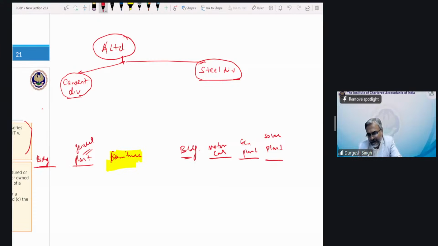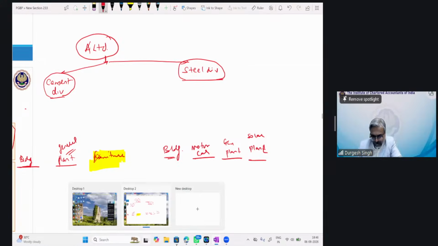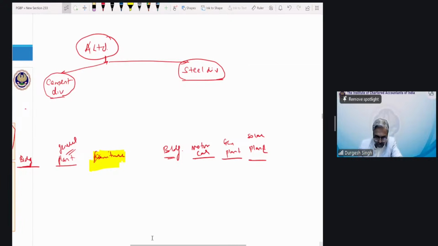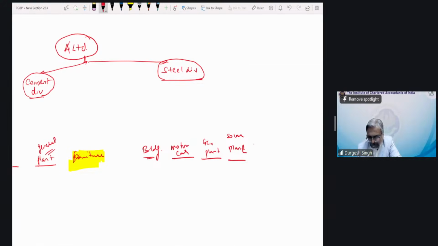And finally, after solar plant, you can just write aeroplane. So I'm making this very, very comprehensive. And just keep your calculators ready, students. I would want your support at some point in terms of the calculation. So solar plant and say aeroplane. It's a Reliance kind of a company.